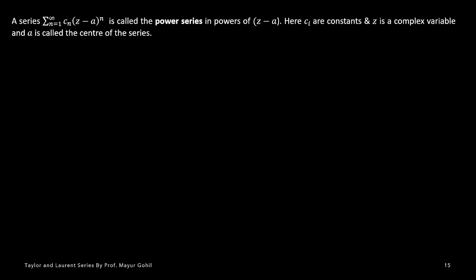So when you take up a series of this format, c n times z minus a to the power n, with some constants c n over here, where n is running from 1 to infinity, such a series is called a power series. This power series is in the powers of z minus a, and these c n's are called the constants, z is the complex variable, and a is called the center of the series.